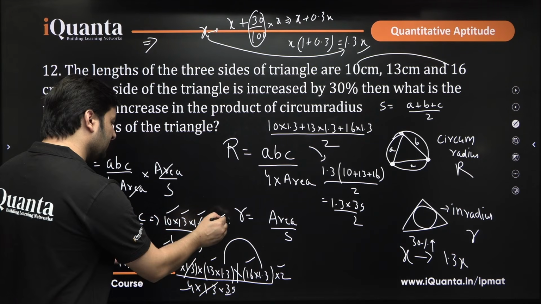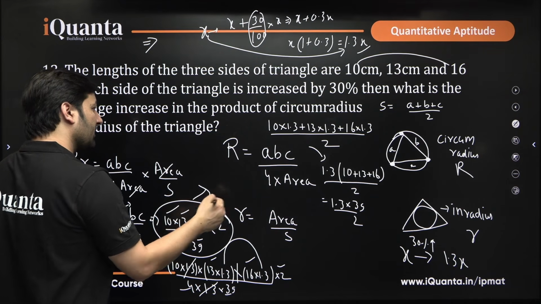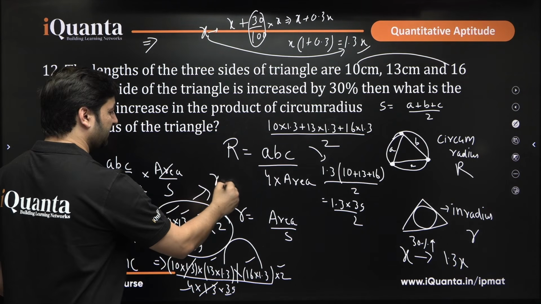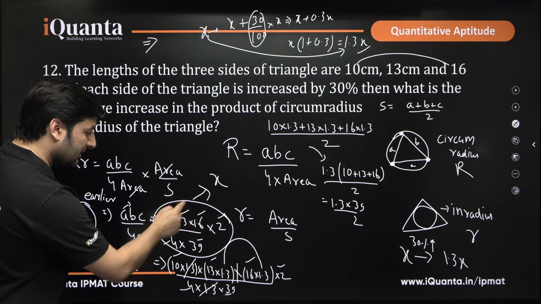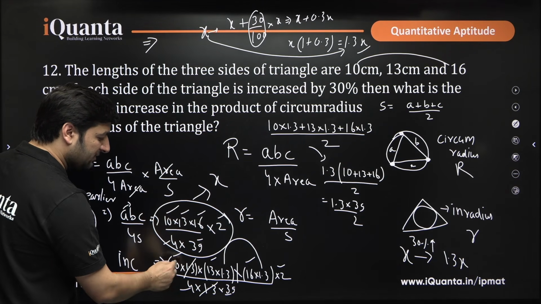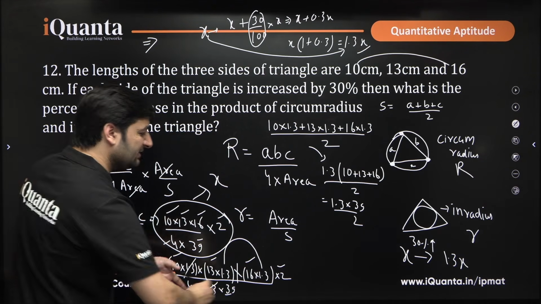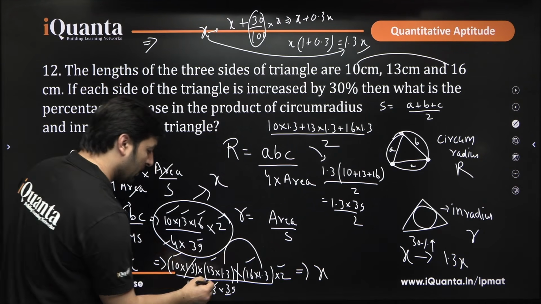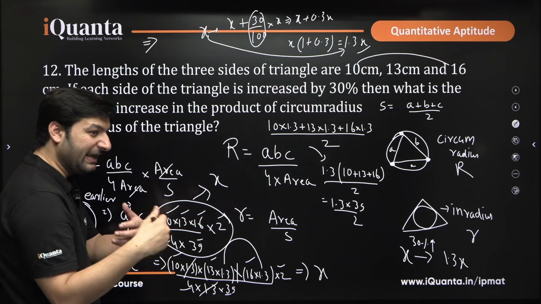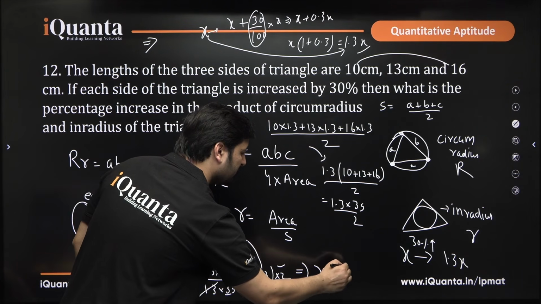If this entire quantity 10, 13, 16, 2 upon 4 into 39 is x, then 1.3 cancels 1.3. So what is the extra that you notice in the increased part? 1.3 into 1.3 becomes 1.69.